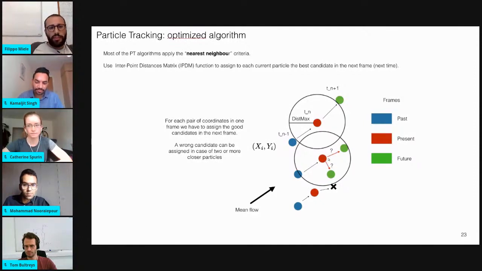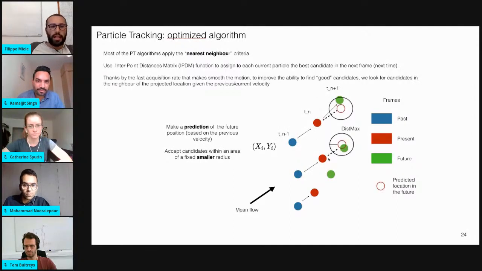To overcome this problem, we decided to exploit the fact that we acquire images at a quite high acquisition rate, which makes the trajectory of the particles pretty smooth, and we decided to change the particle tracking algorithm in this way.